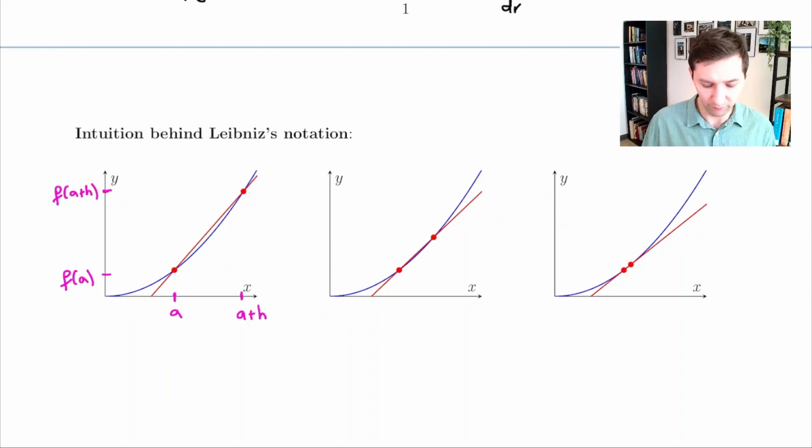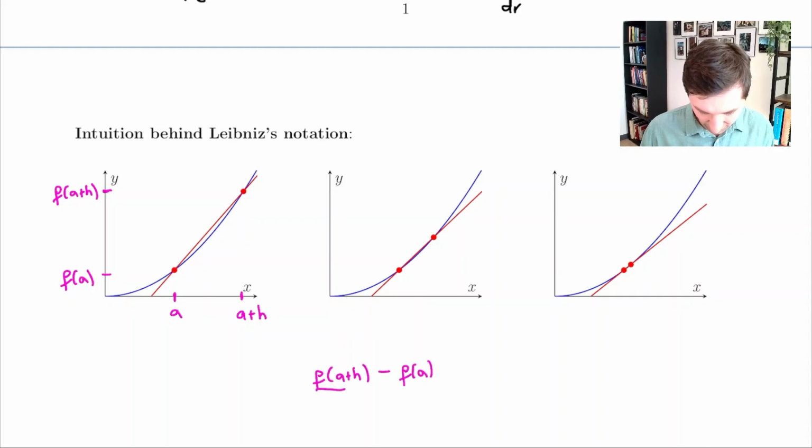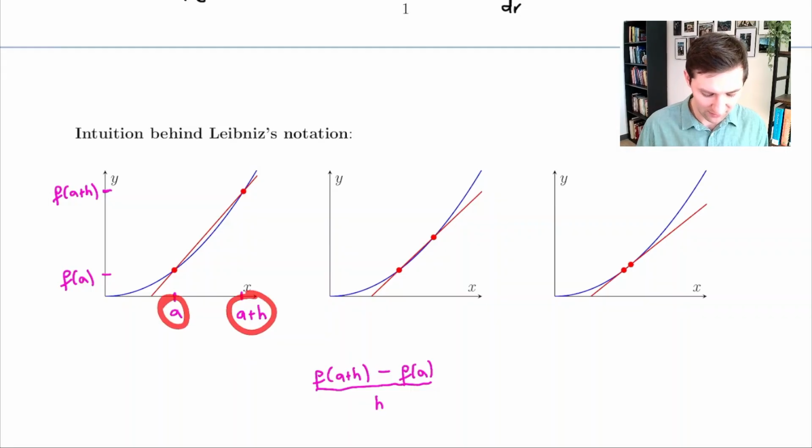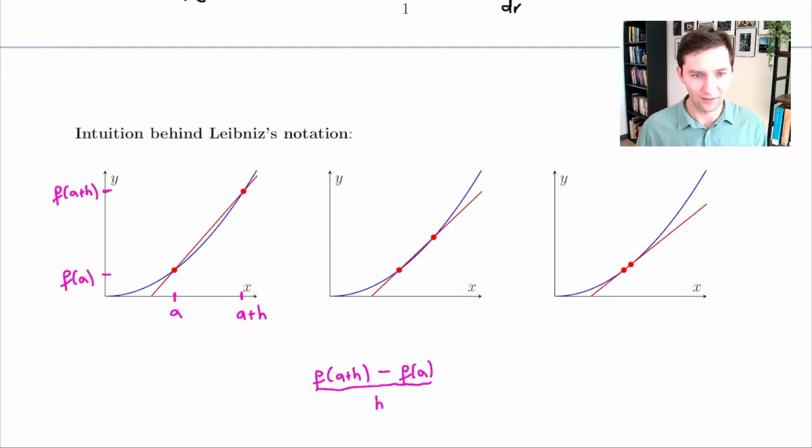Then we computed the slope of this secant line that goes through these 2 points, and we got f of a plus h minus f of a divided by h, the difference in the y values divided by the difference in the x values. Note that a plus h minus a is just h. And then we said, move the second point closer to the first.